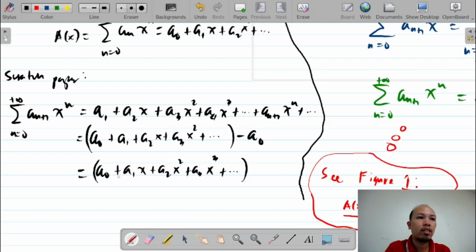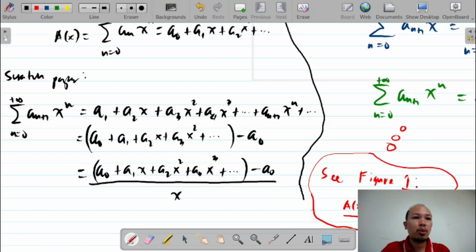Okay, minus a sub 0 over x, and notice that they are equal to the original. Remember that if you remove the parentheses, we have a sub 0 minus a sub 0 is 0.